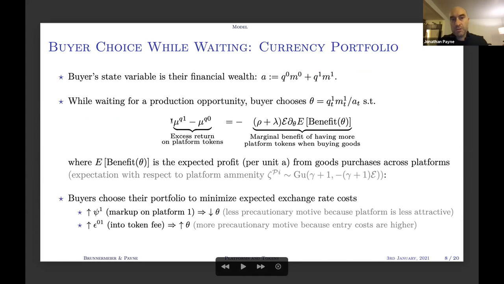So the only thing you're looking at is the different return on the two currencies. It's a bang-bang solution for these households. There's no advantage or disadvantage to holding a particular currency other than the change in the price over time, so they just want to hold the one that gives them the higher return. If there's full interoperability, there's no other role for the currency.